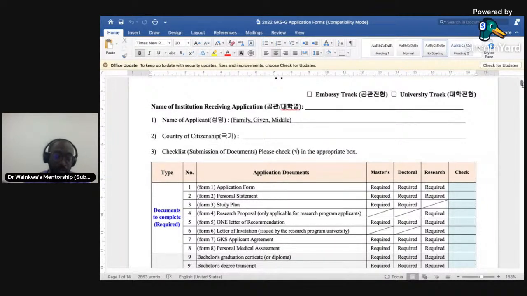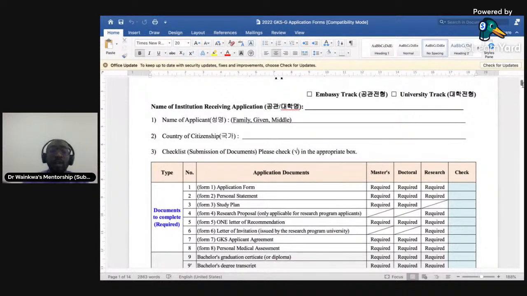For example, a country like Cameroon is not eligible for the embassy track. So if you mention that you're applying for the embassy track, your documents will be deposited at the Korean embassy in Cameroon, and you end up losing the scholarship because you are not eligible for the embassy track.